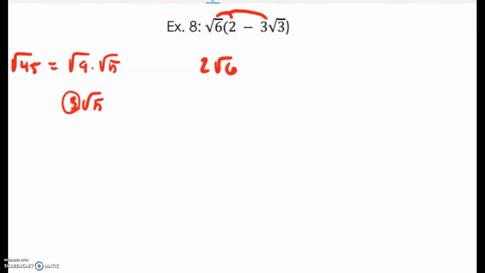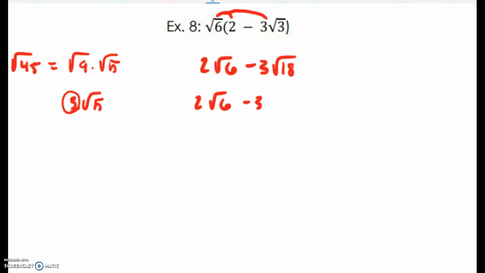All right. So let's go ahead and distribute the radical 6 to the next term. So radical 6 times this 3 radical 3. So the 3 is going to stay out. And then radical 6 times radical 3 is going to give me radical 18. And then 18 does go down further. This is a problem from the first page.